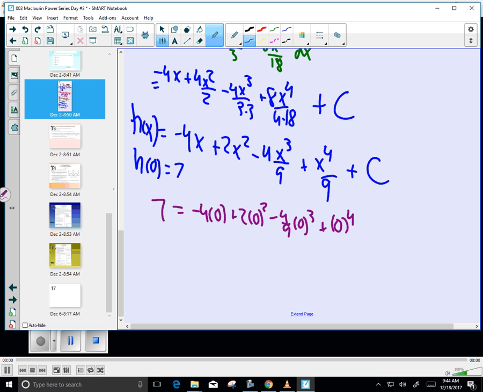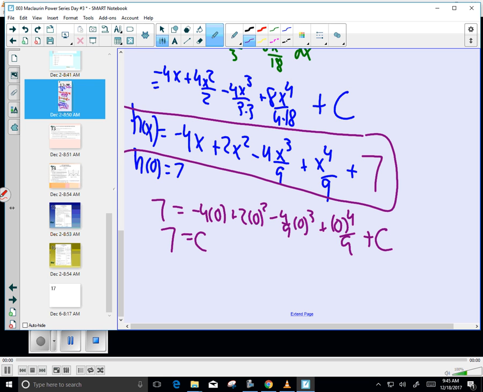Why am I doing this? C is equal to 7, right? So my final answer is going to be that for h of x. Perfect. Perfect.